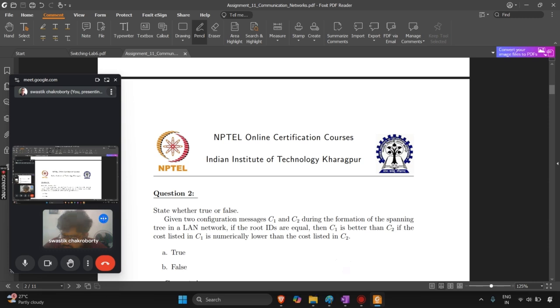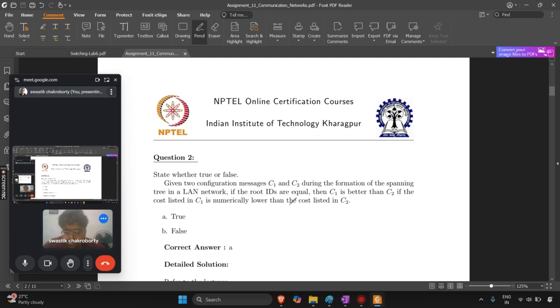Since it is a decentralized process, there is constant exchange of configuration messages to make sure that the tree is forming properly. If the root IDs are equal, then C1 and C2 are both at the same level. Root ID equal means in this current iteration of the spanning tree algorithm, they are at the same level.